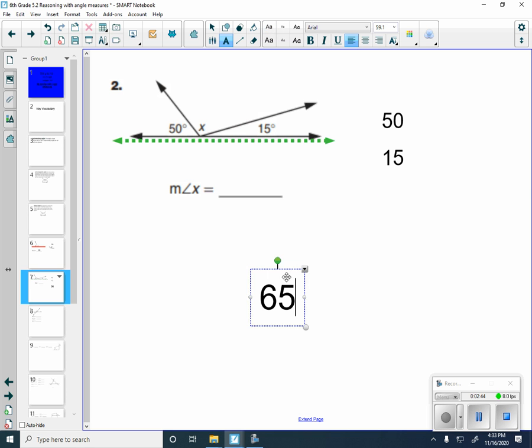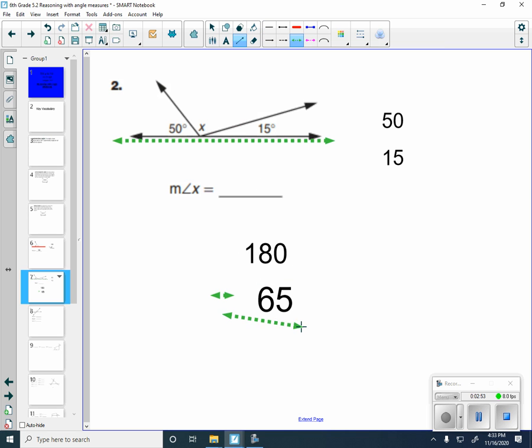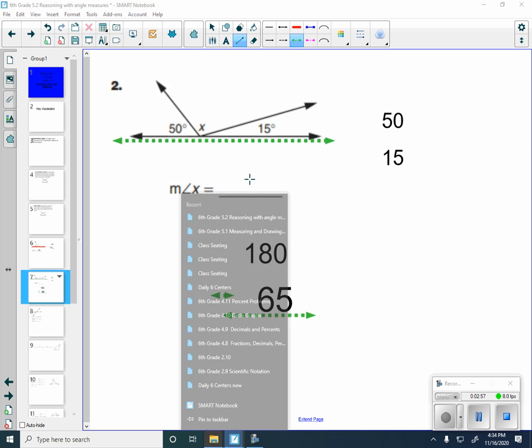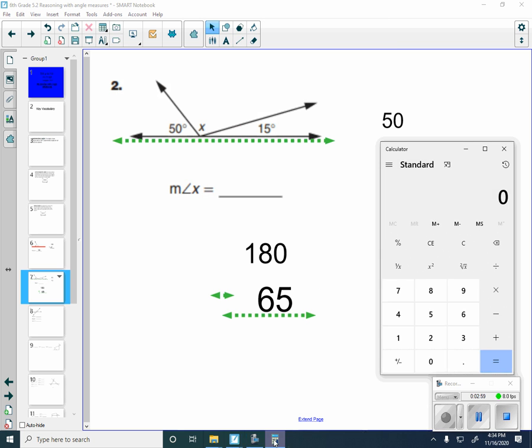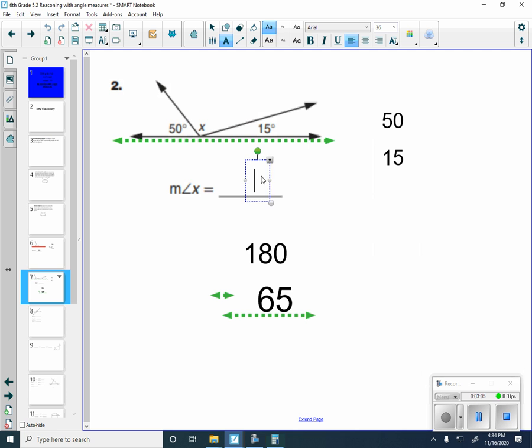But what do we do with this 65? We have to take 180 and subtract 65 from it. Right? So let's take, where'd my calculator go? 180 minus 65 equals 115 is my answer.